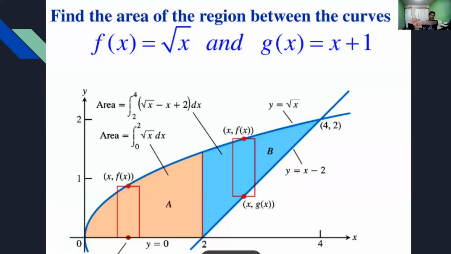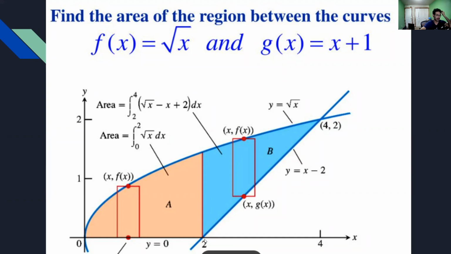Okay, so now just finding areas between multiple curves. The first thing you do is find the intersection points. Over here they have A and B, so they determine that section A is going to be from 0 to 2 of the square root of x. And then B is the square root of x minus this function over here.